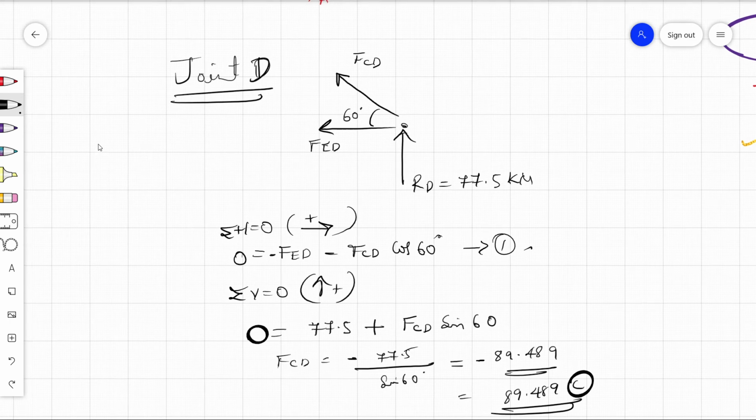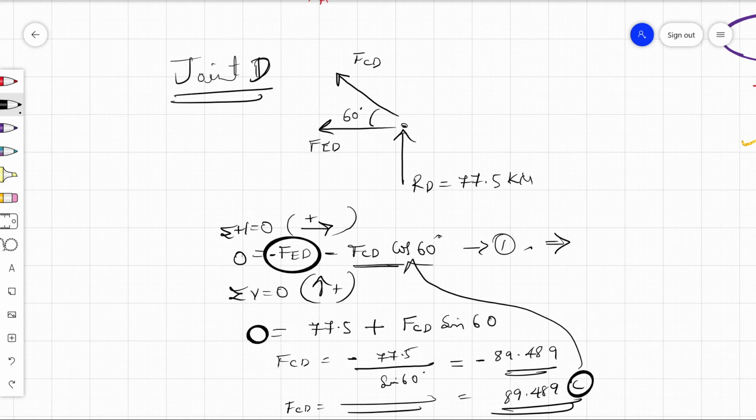So we got to know the value of FCD as this value. We apply the value of FCD over here, and we get the value of FED. So 0 is equal to minus FED minus FCD cos 60 degree.